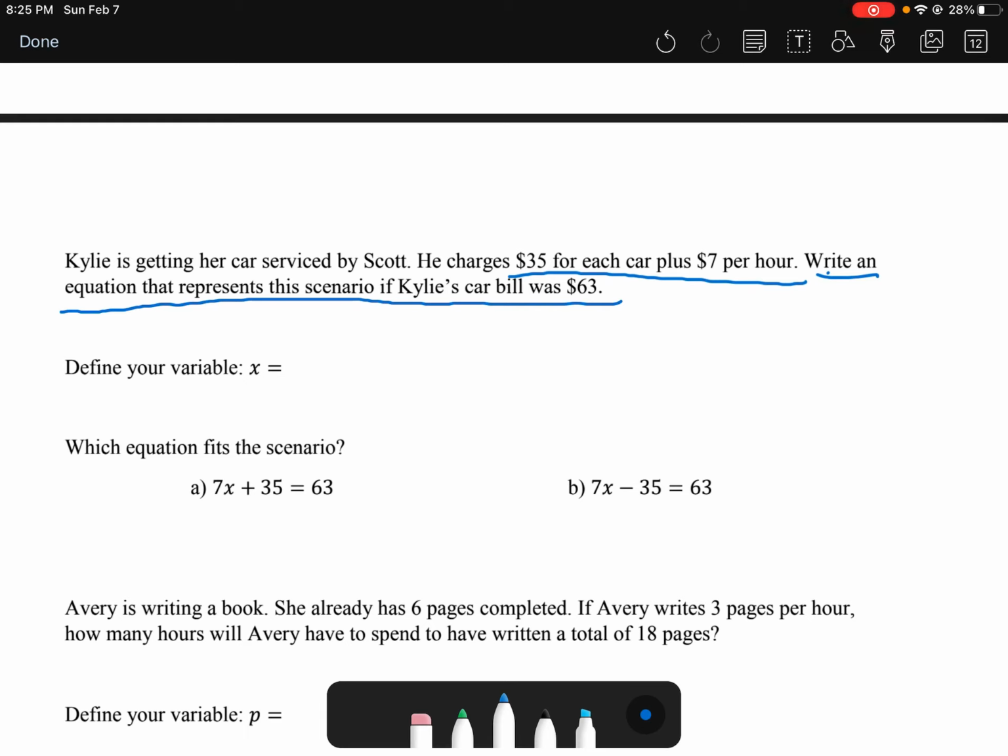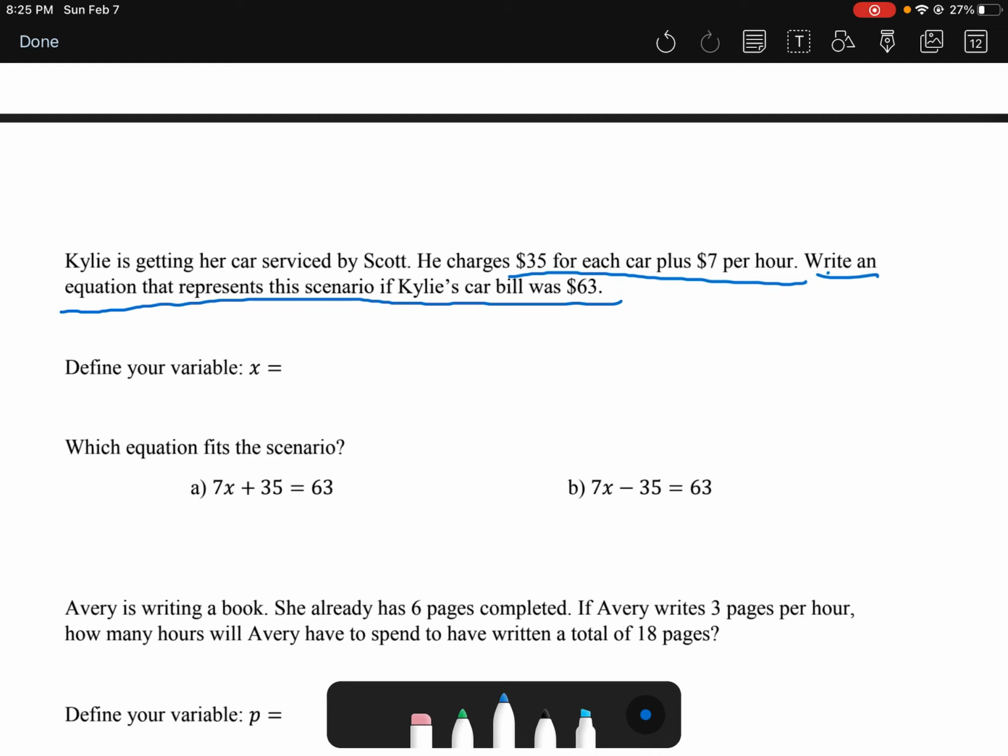So now we have to define our variable x. What's our unknown in this? What don't we know? We can't really go back to the question because it says write an equation that represents this scenario if Kylie's car bill was $63. So that can't really help us out.